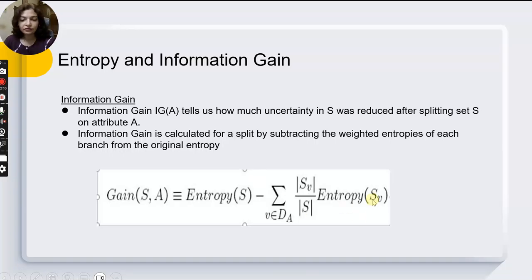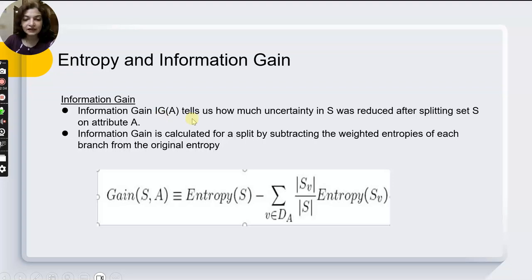Okay, now what is information gain? The formula of information gain is given as follows. So what we do is we calculate entropy for all the categorical values of that particular attribute. Then we multiply it with the weight of the attribute. We sum up for all the categorical values of that attribute and we subtract this value from the entropy of the data set.